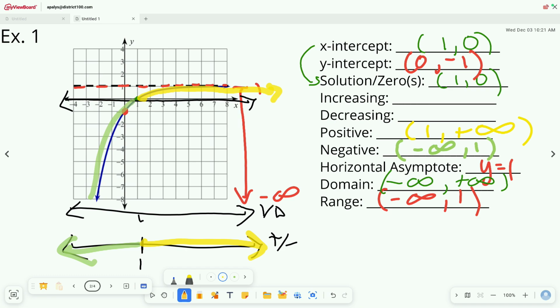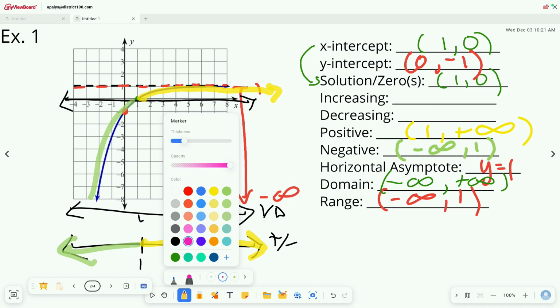So Iram, for this graph from left to right, do you think that it's increasing or is it decreasing? Increasing.